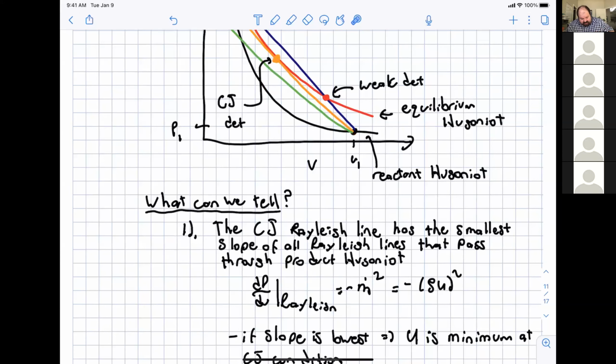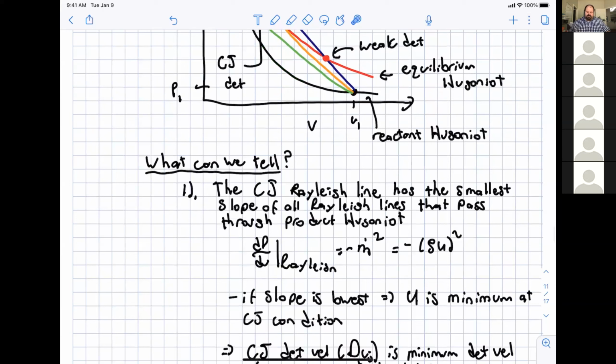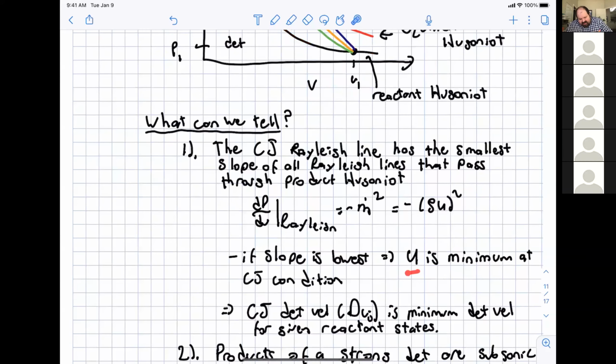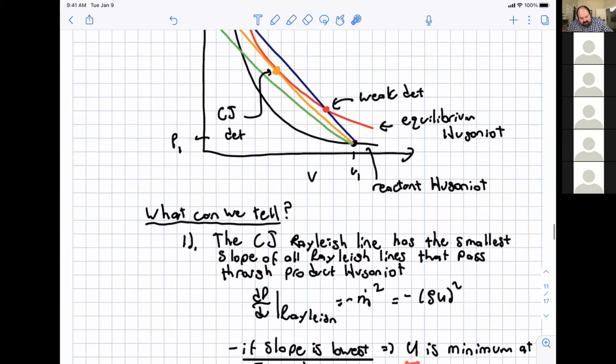Or stated differently, assuming that the reactant density is constant, which it is, the fact that this Rayleigh line that produces a detonation solution at the Chapman-Jouguet point has the lowest slope means that the CJ detonation is the slowest possible detonation.